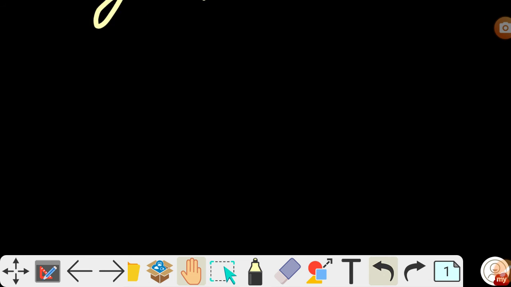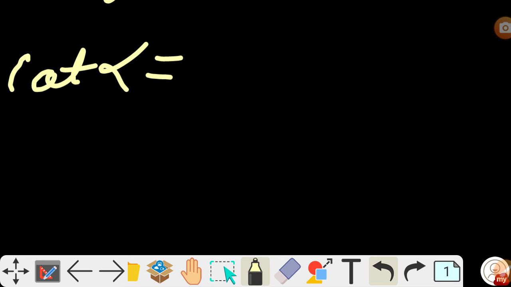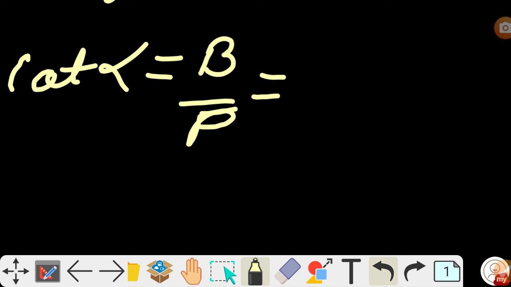Because we need to find the value of cot alpha, cot alpha is equal to base upon perpendicular. So the value of cot alpha will come as a fraction in the form of base upon perpendicular.